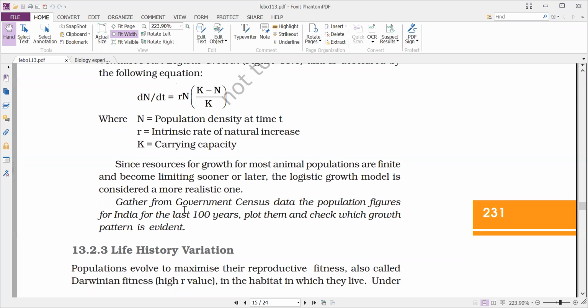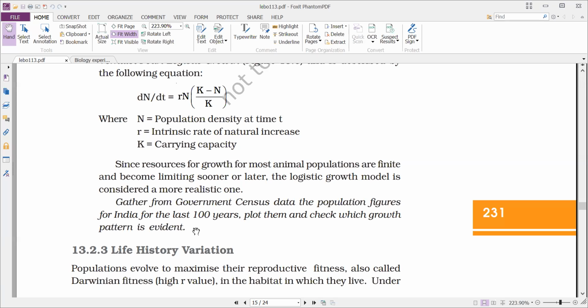Okay, we can see here: gather from government census data the population figures for India for the last 100 years, plot them and check which growth pattern is evident. Here the human population in India is showing the J-shaped exponential growth. Human population is showing exponential growth because we don't have that many restraints.